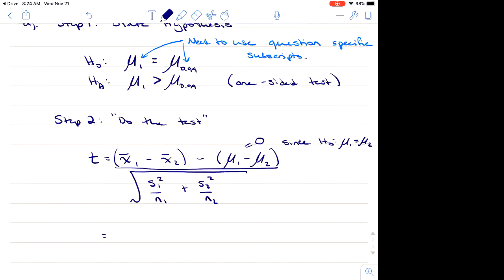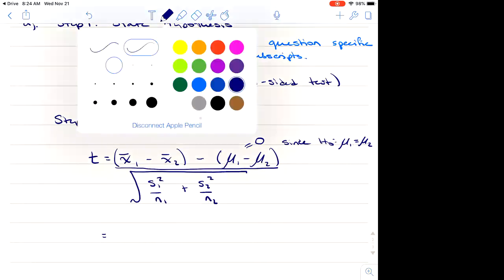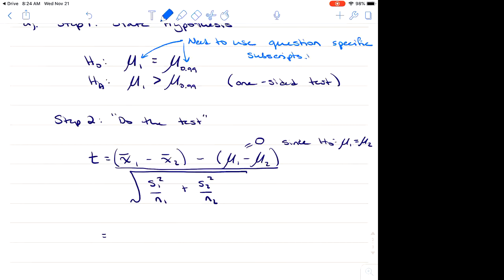So what I'm going to add here is need to use question-specific subscripts in our hypotheses, because even I get sloppy with my t's, x1 bar, x2 bar.